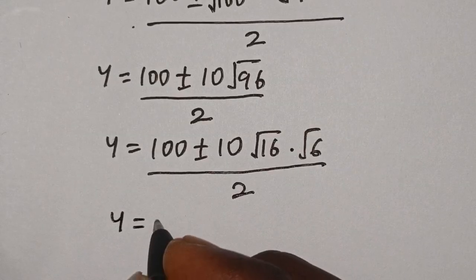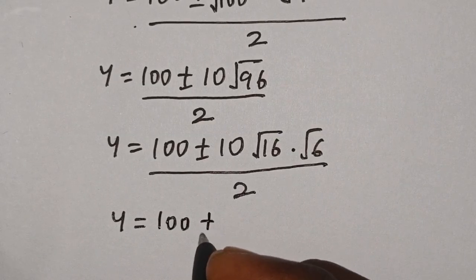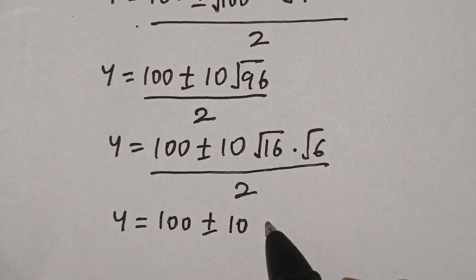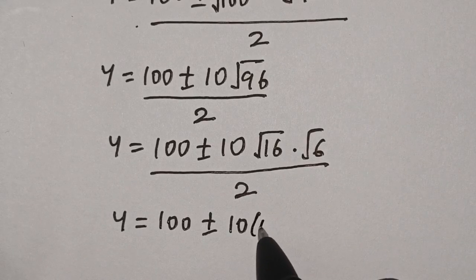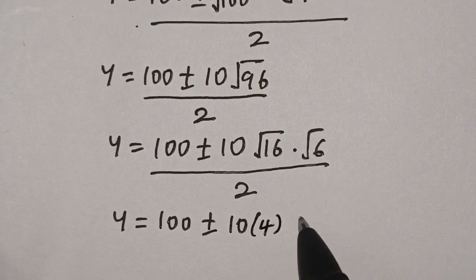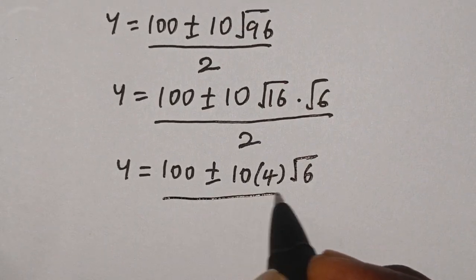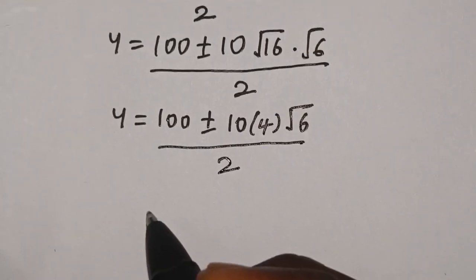Y equal to 100 plus or minus 10. What is square root of 16? That is 4. We have 10 times 4 times square root of 6, divided by 2.